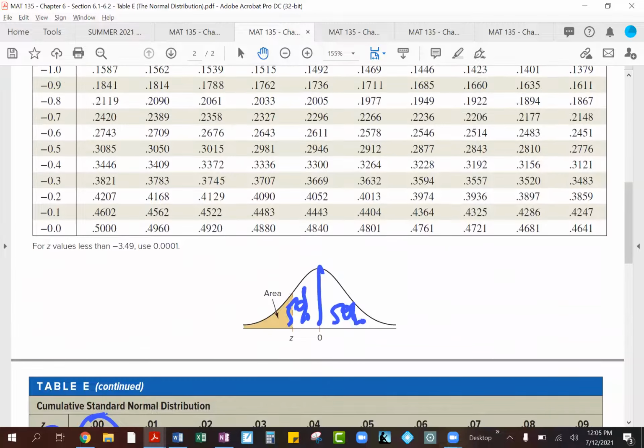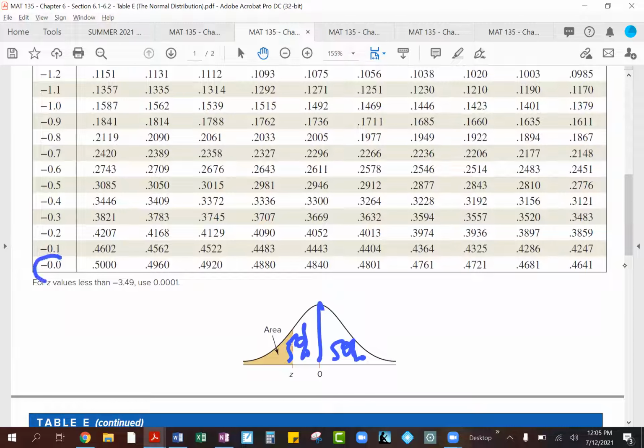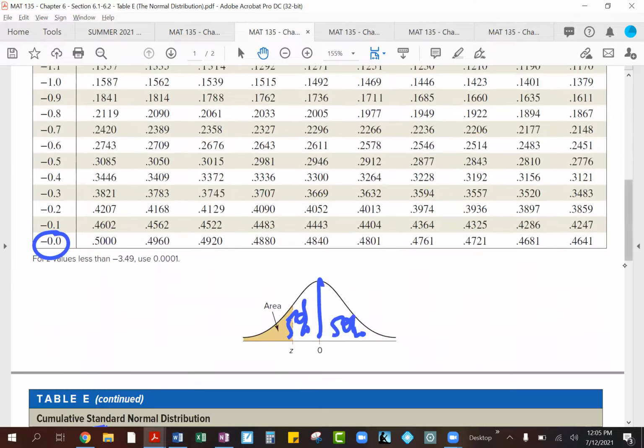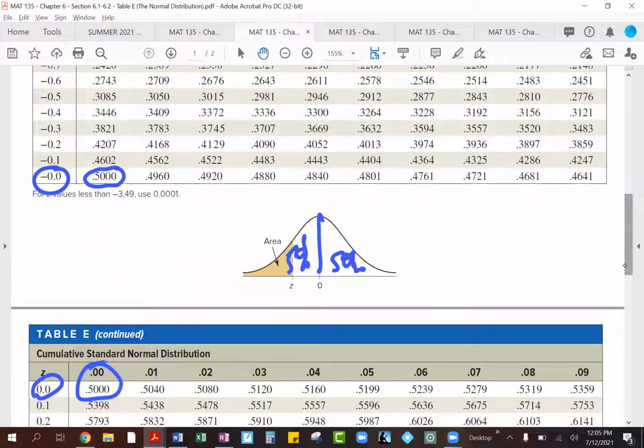You can also see that here on the negative side. You've got negative 0.00 with, again, more zeros at the end, and that also gives you an area of 50% or 0.5. So again, the mean breaks up your normal curve into two halves. You have 50% on the left, 50% on the right.